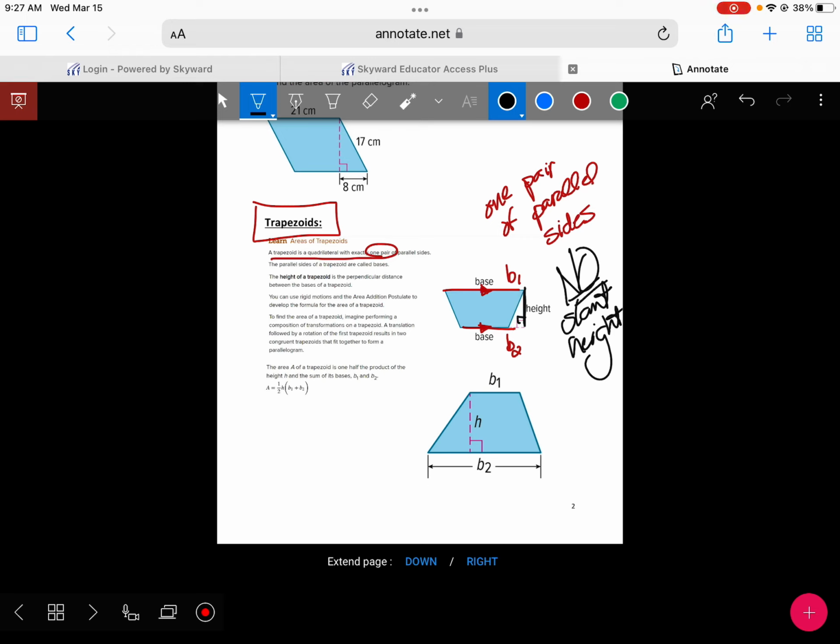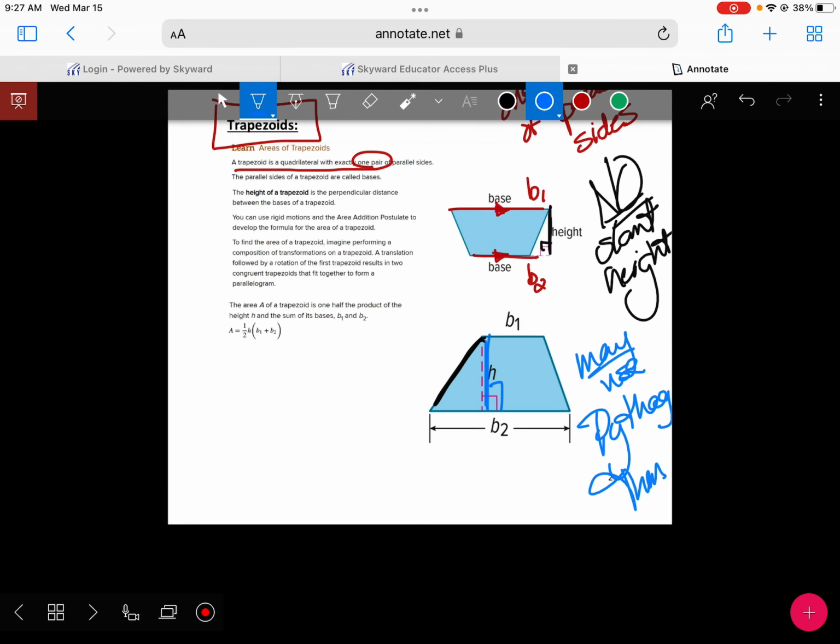If they give us a slant height like this, and we need to find the perpendicular height, you're probably going to have to use the Pythagorean theorem again. Not always, but maybe.